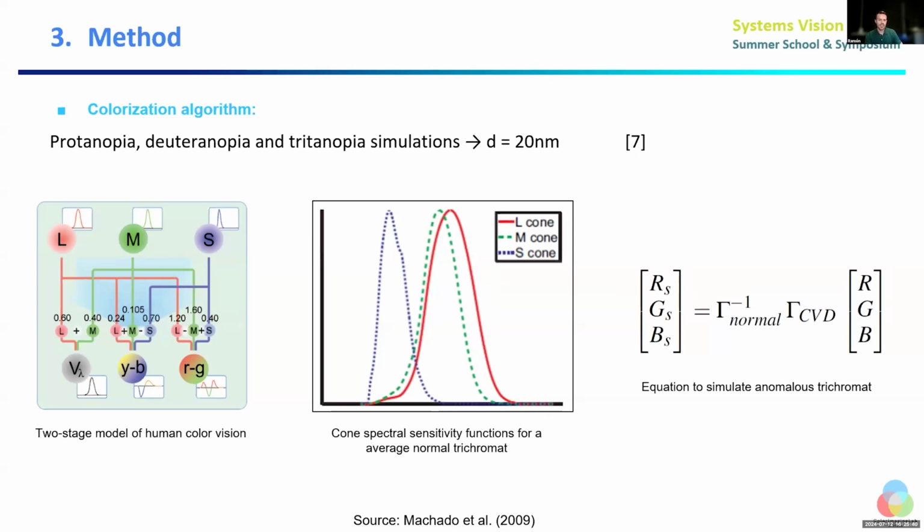Machado's algorithm modeled anomalous trichromacy by shifting the spectral sensitivity function of an anomalous cone according to the degree of severity of the anomaly. In our experiment, we shifted 20 nanometers, representing a severe case of every anomaly. And finally, the simulation of color perception for an anomalous trichromat, as compared to a normal trichromat, is obtained with this equation.